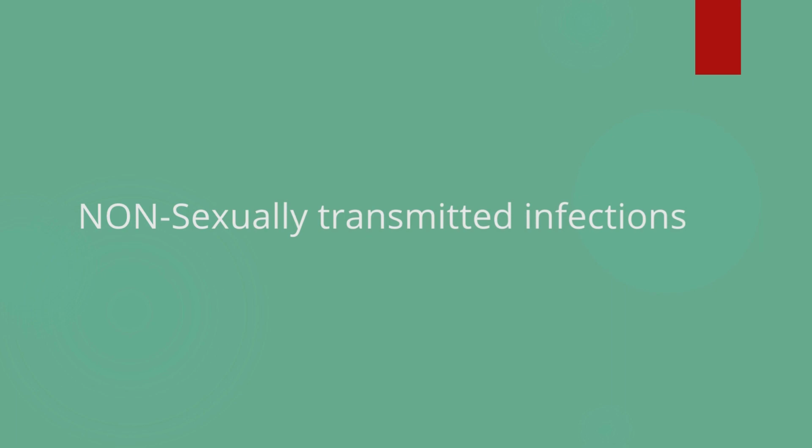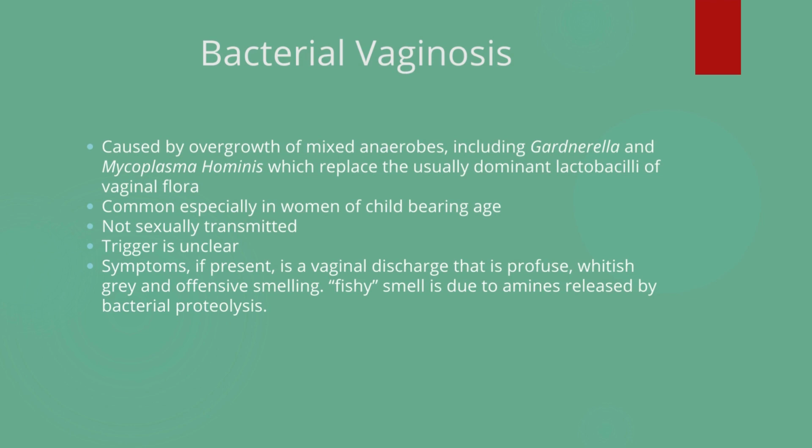So, the first one in non-sexually transmitted infections is bacterial vaginosis. Bacterial vaginosis is caused by overgrowth of mixed anaerobes like Gardnerella and Mycoplasma hominis, which replace the usually dominant lactobacilli of the vaginal flora.